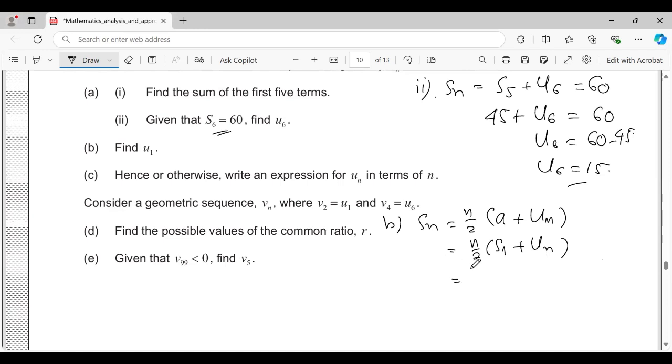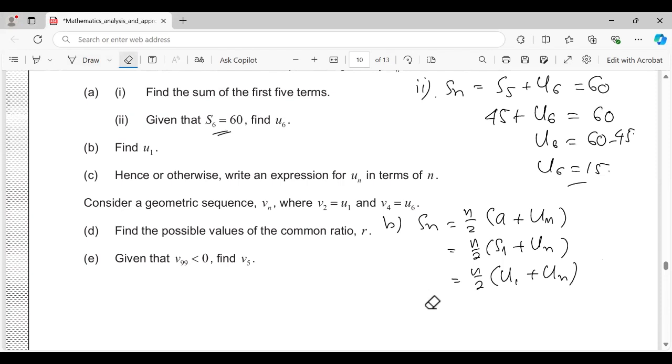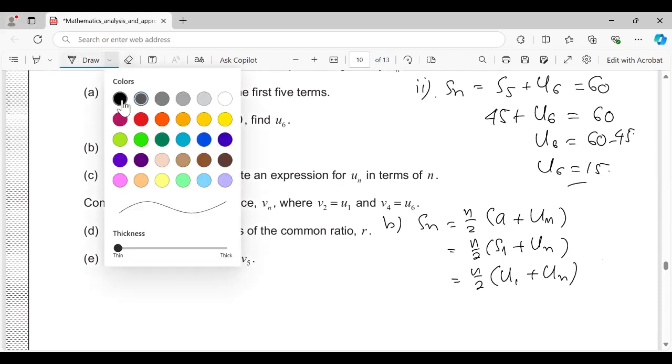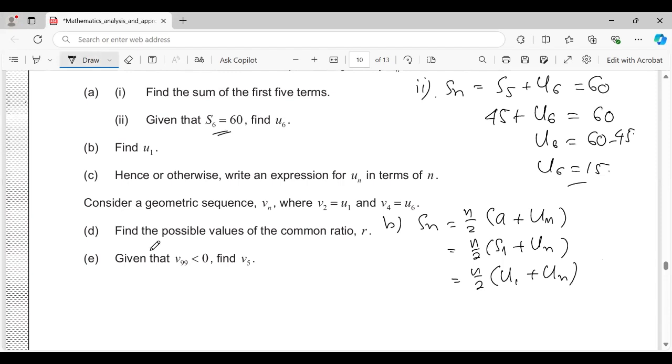Or n half multiply U1 plus Un. So it means S6 equals 6 half.